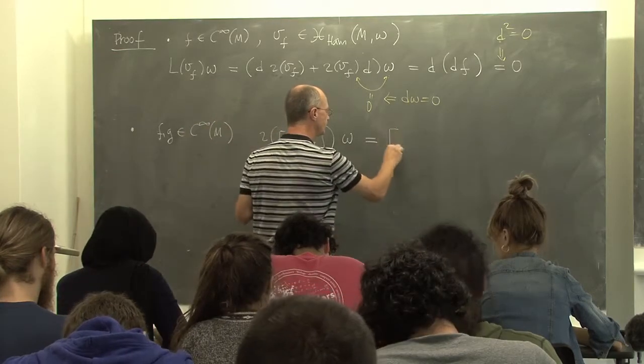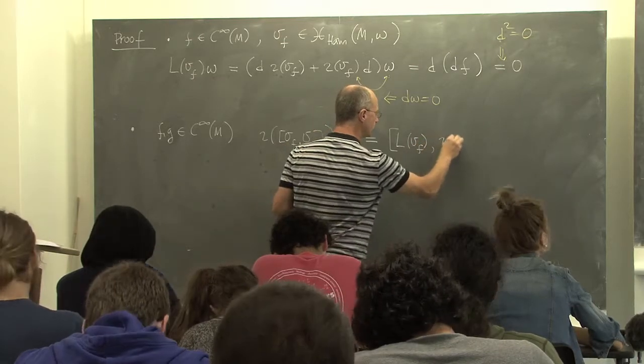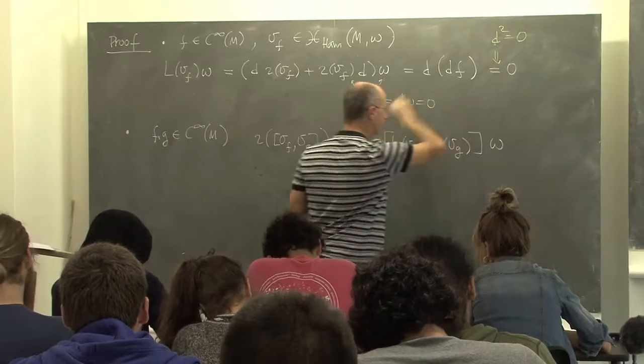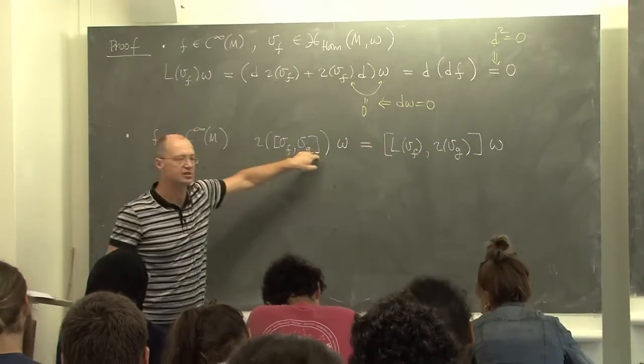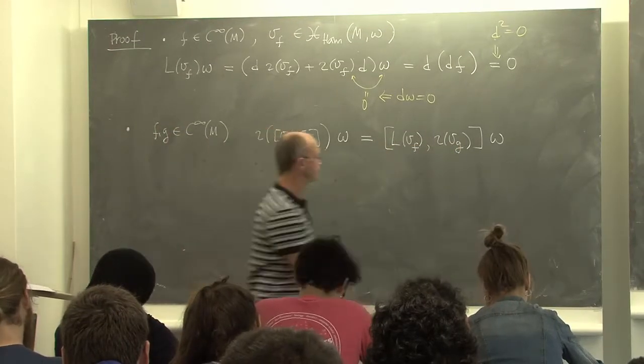Now, first of all, I use one of the Cartan's formulas. I represent this contraction with the Lie bracket as a commutator of a Lie derivative and a contraction.